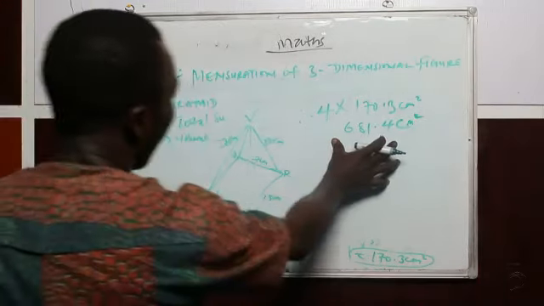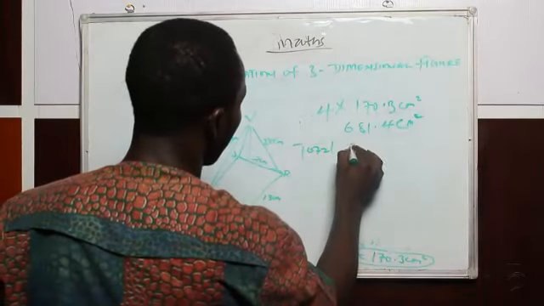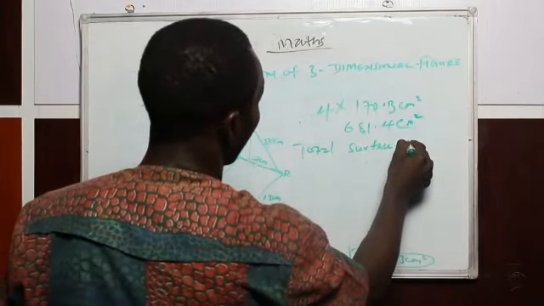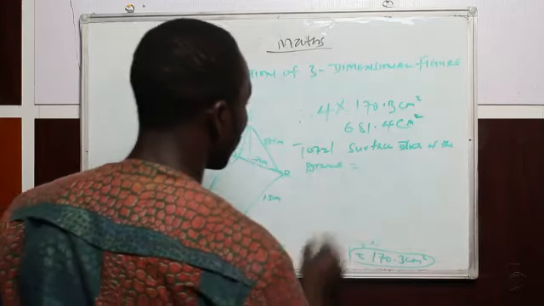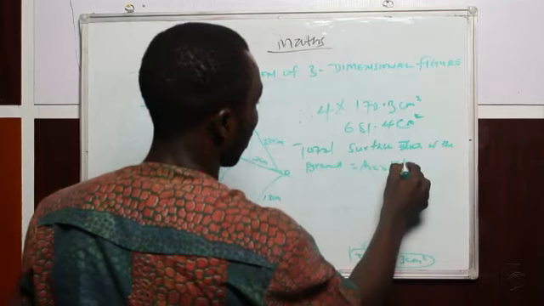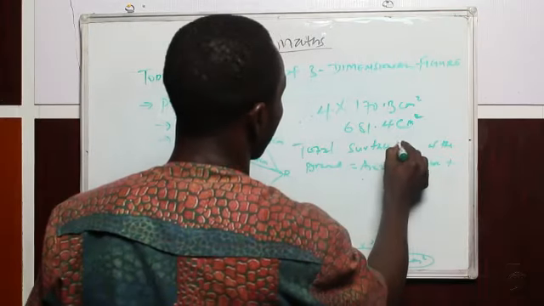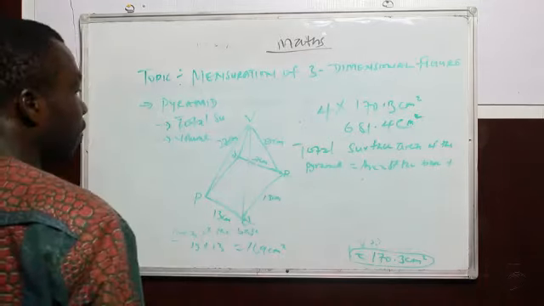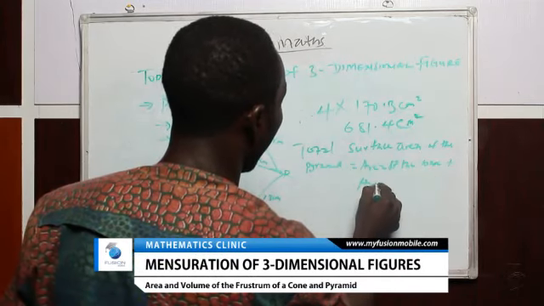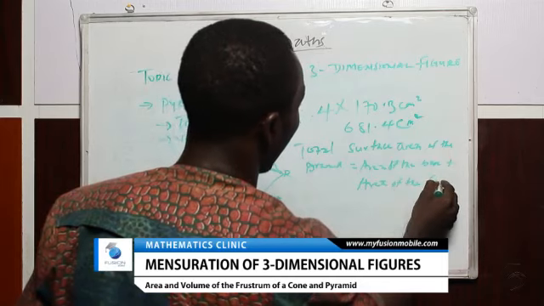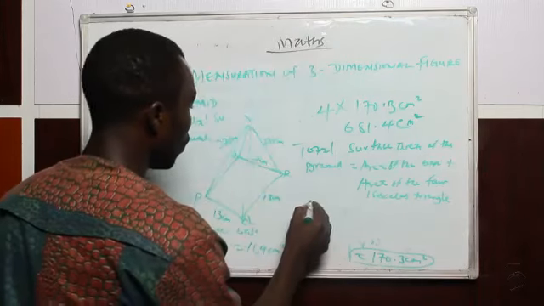Now, after which we found our area of the 4 isosceles triangles, the total surface area of the pyramid is equal to area of the base plus area of the 4 isosceles triangles.